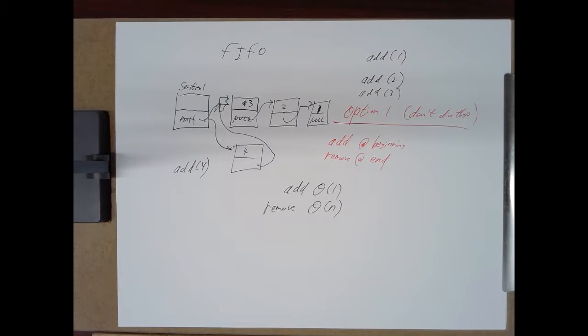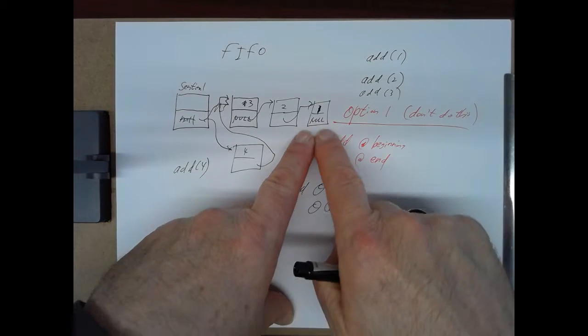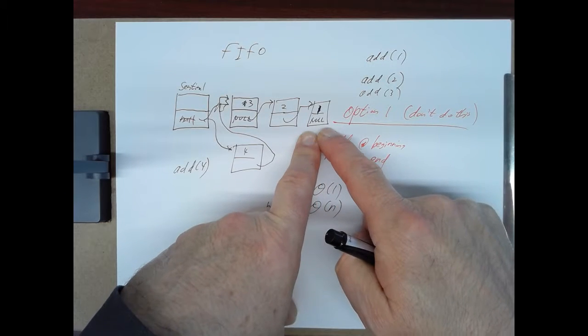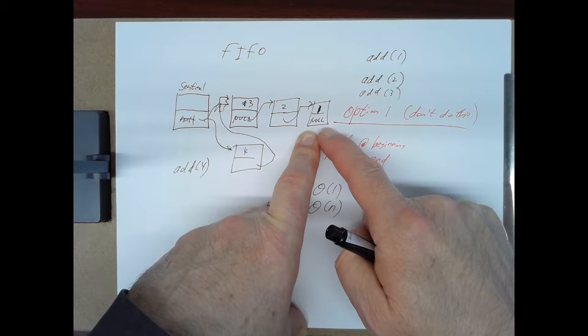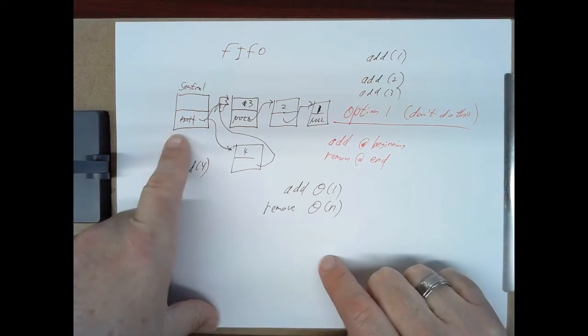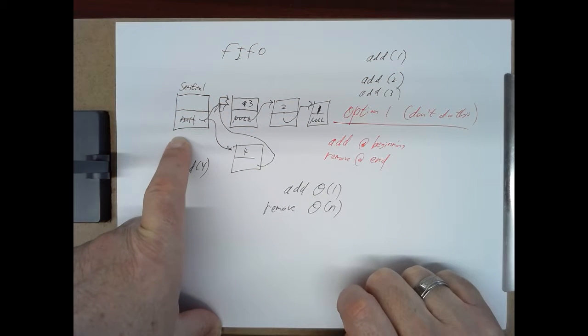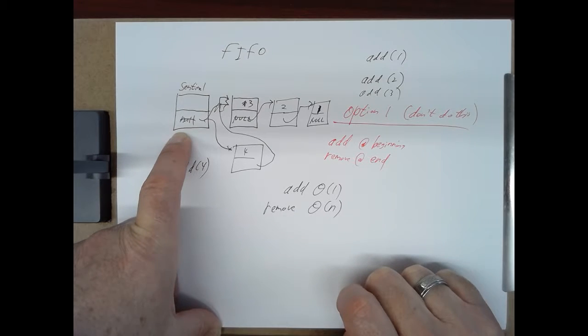So that's inherently expensive. Now we can try to clean that up by somehow recording what the address of this last node is. So we could have either another variable, or we could add an extra field that we use in the sentinel. And we could use that to say what's the location of the last node.